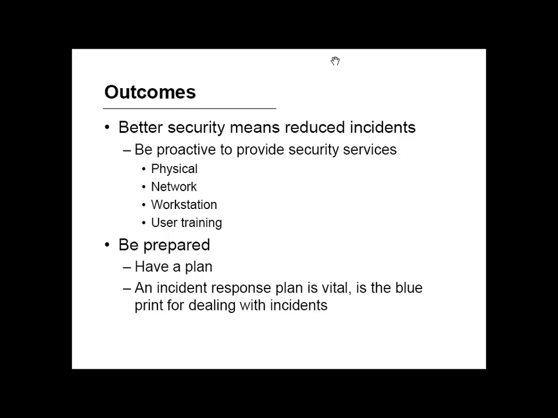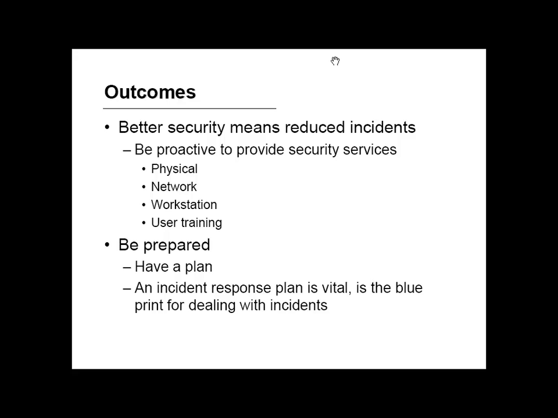What are some of the outcomes? We're learning from incidents, because if we find that we're attacked by a worm, a distributed denial of service attack, or unauthorized use of a computer, not only should we stop that immediately, as quickly as we can, but also learn from the incident, why it occurred. Learning from the incident allows us to be proactive in the future to provide security services. So we want to consider the physical security of the system, the network security, the security of the workstation, as well as user training.